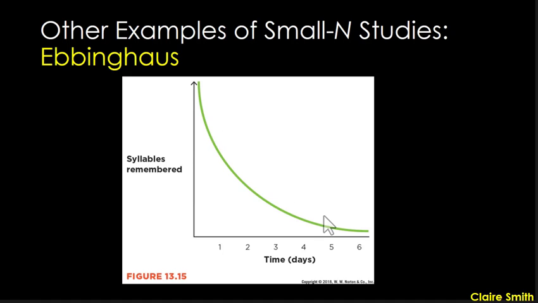But even though he only had one participant, himself, his experiments were very well operationalized, had good experimental control, and he recorded everything meticulously. So the results that he found could be generalized to other people. Again, small n designs can be very beneficial if the studies are done correctly.